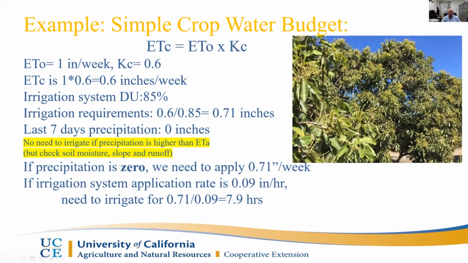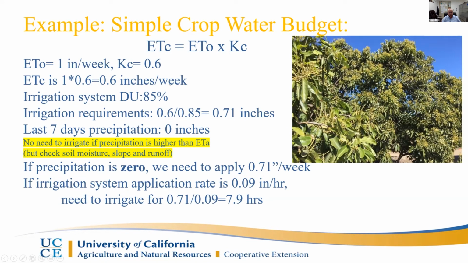And here I'm just going to show an example. Let's say my reference evapotranspiration last week is 1 inch, and my crop coefficient is 0.6. So all I have to do is, ETc equals the reference evapotranspiration times the crop coefficient. So that's 1 times 0.6. That's 0.6 inches per week.